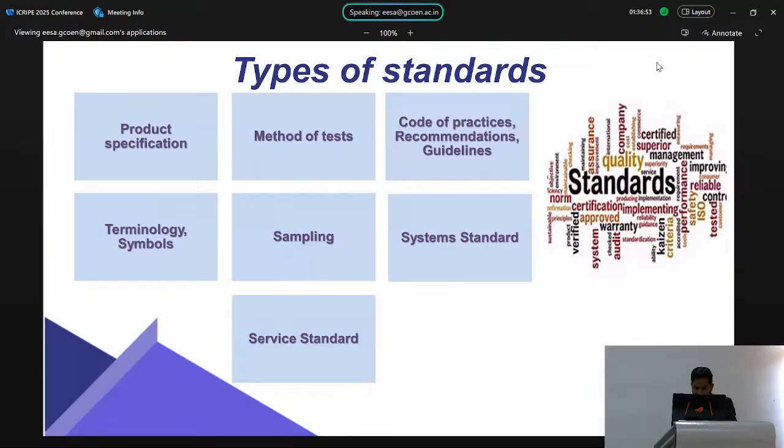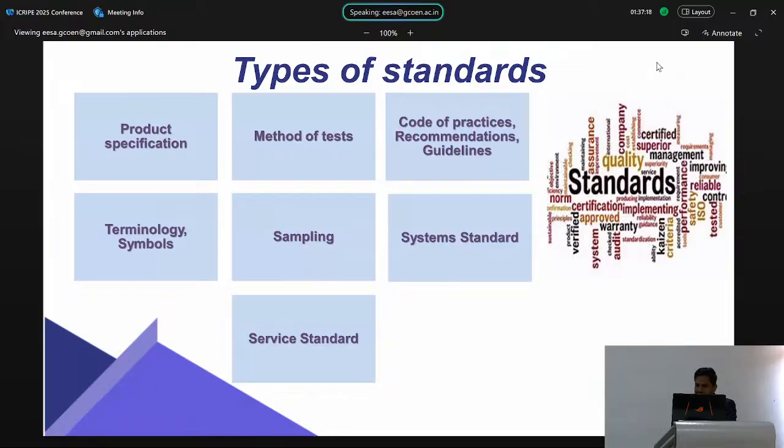Terminology and symbols: for example, there are several terminologies used in yoga, so there is one separate standard which explains the different terminologies used in yoga. Then sampling: in case of large lots for testing, there are some sampling guidelines, and these are covered in the sampling standards.